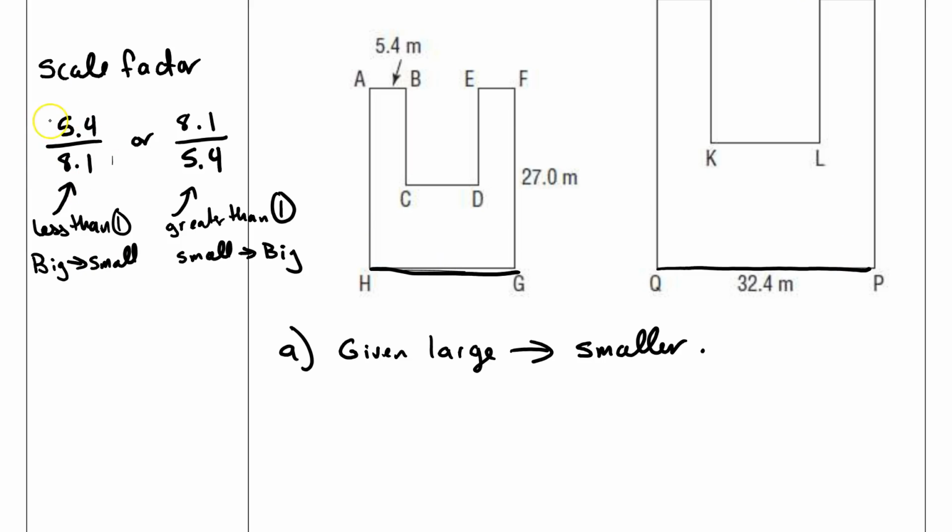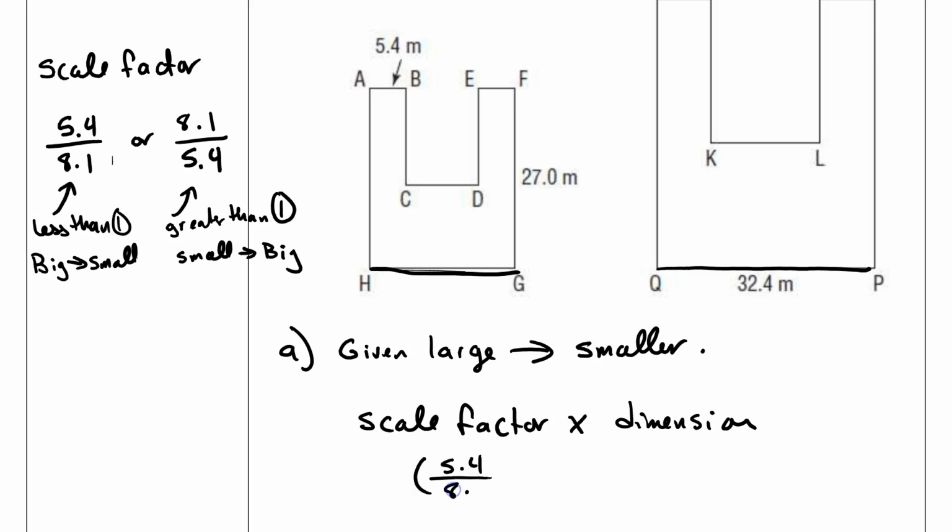So what we're going to do is say, just to be consistent with the last video, scale factor times the dimension. Since we're going from large to small, we're going to say 5.4 over 8.1. So we're using that helpful ratio from the similar side that was given. And we multiply it by the dimension, 32.4 meters.